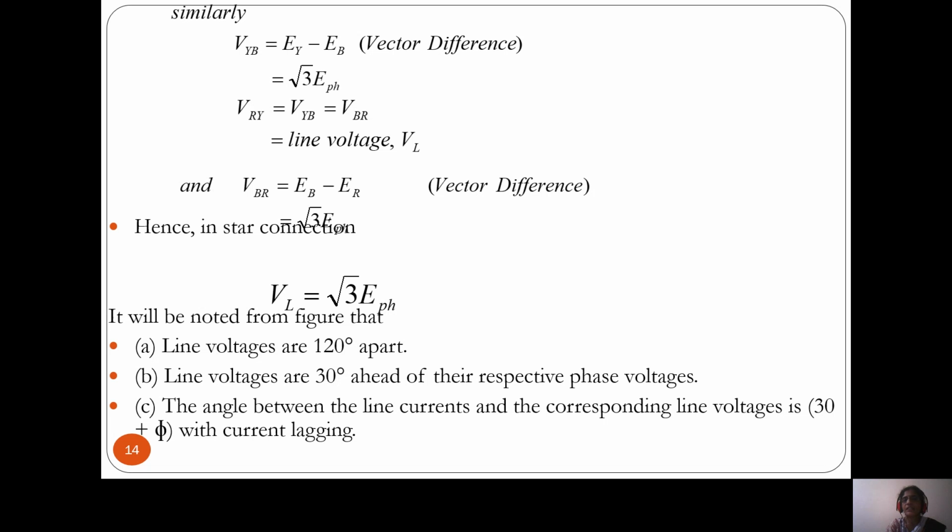Similarly, VBR is equal to EB minus ER, that is √3 into E phase.